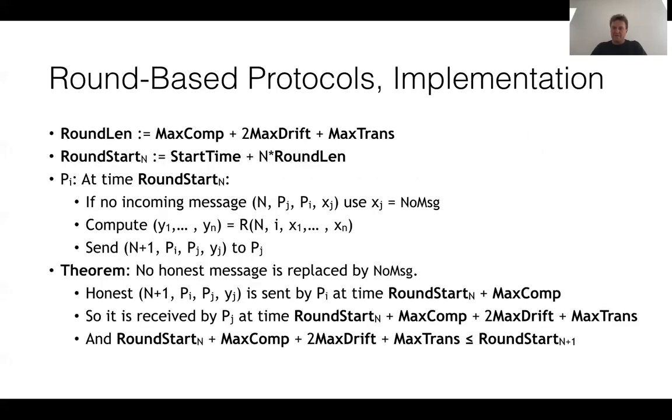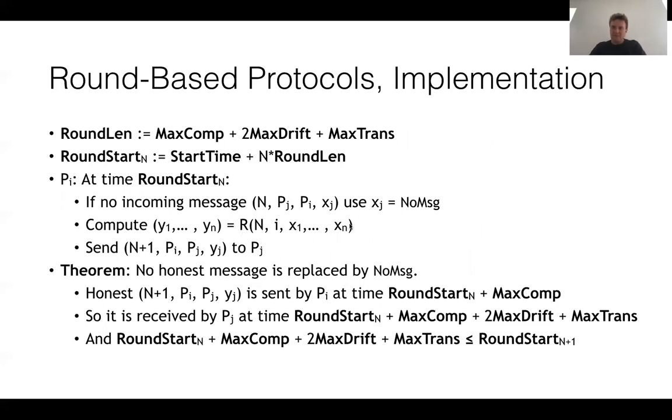And then it's very easy to see the following theorem, that no honest message will ever be substituted by this no message thing. And why is that? It's because at round n, all the honest parties will start running their round. Then they will compute this function.